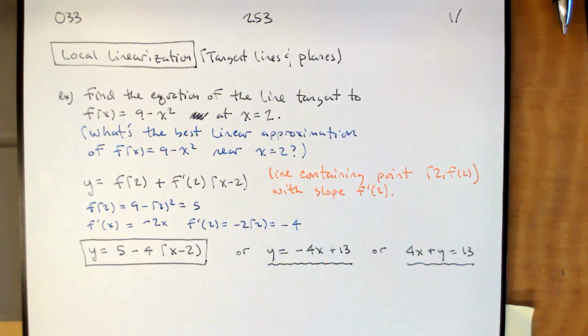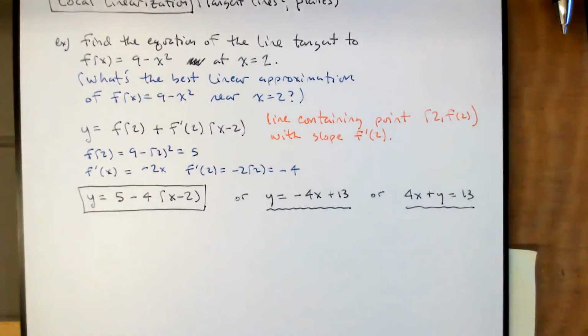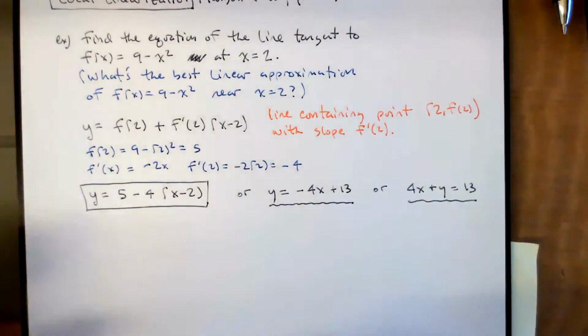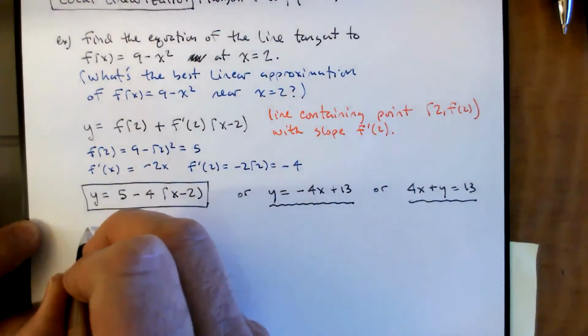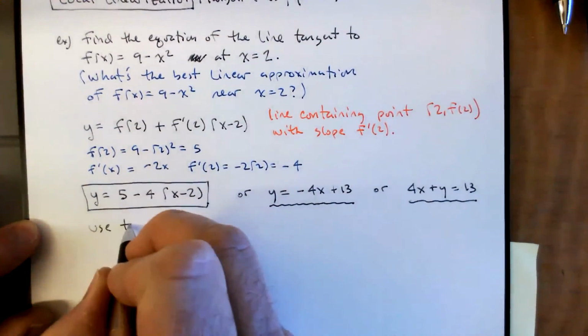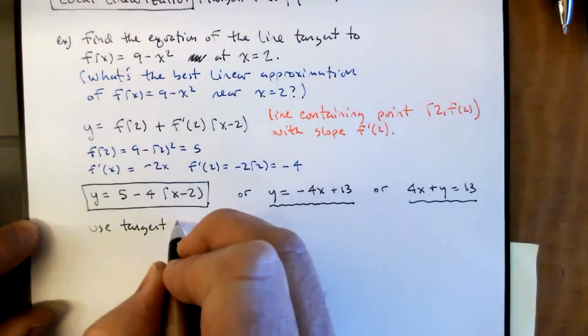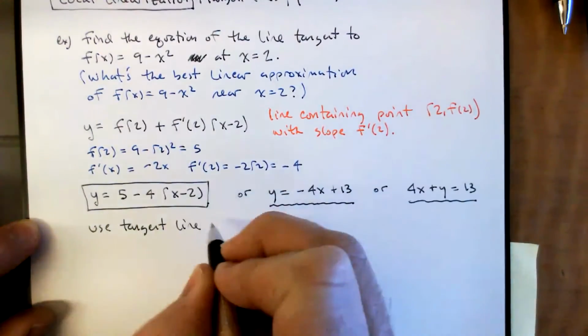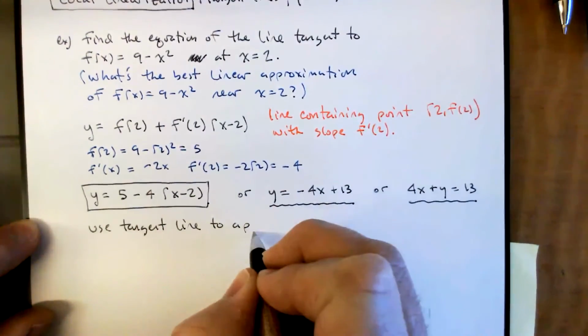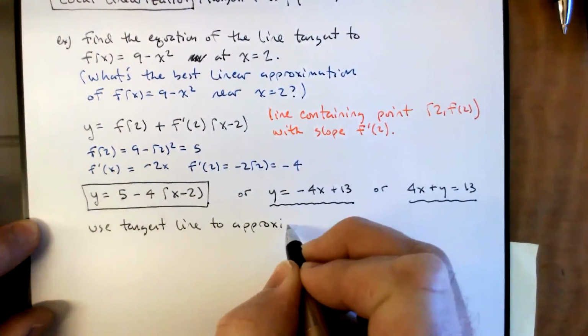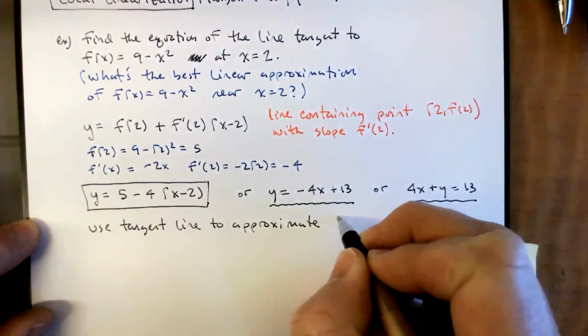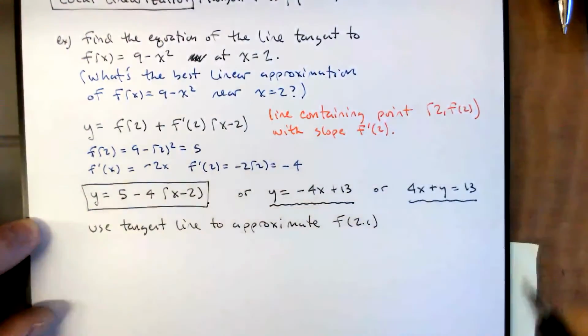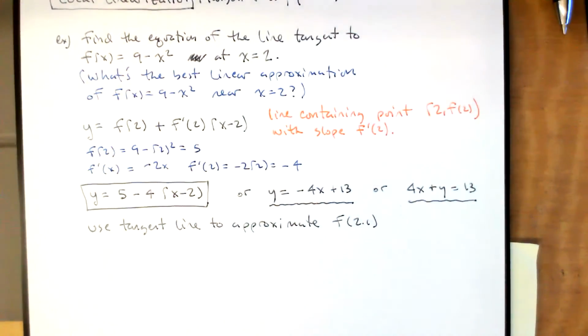Let's suppose we wanted to approximate this. Use the linear approximation. We could use the tangent line to approximate f of 2.1.